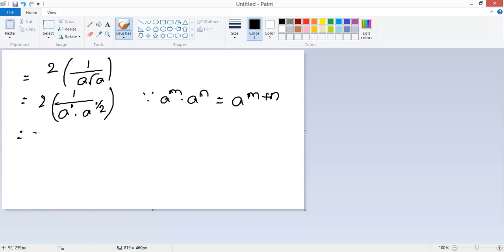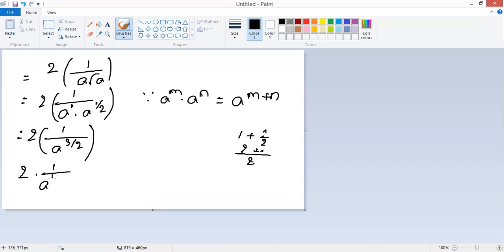Therefore, we can write 2 into 1 by a power 1 plus 1 by 2, taking 2 as LCM, 2 plus 1, 3 by 2, a power 3 by 2. The LHS part which we considered, we got this. So we can write 2 into 1 by a power 3 by 2 is equal to, as given in the question, 2 by k cube.